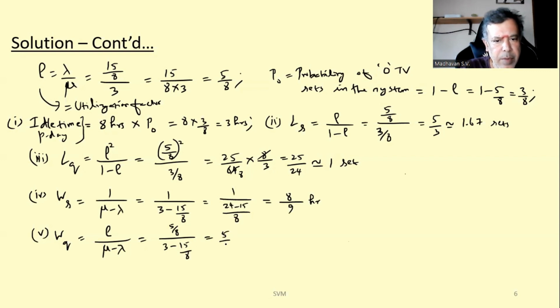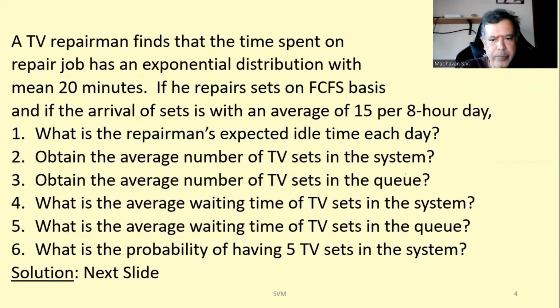So we get 5 by 8 multiplied by 8 divided by 24 minus 15, which is 9. So this and this get cancelled. We get 5 by 9. That will be your waiting time in the queue per TV set.